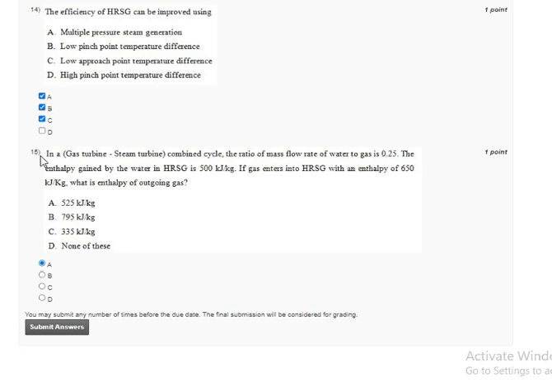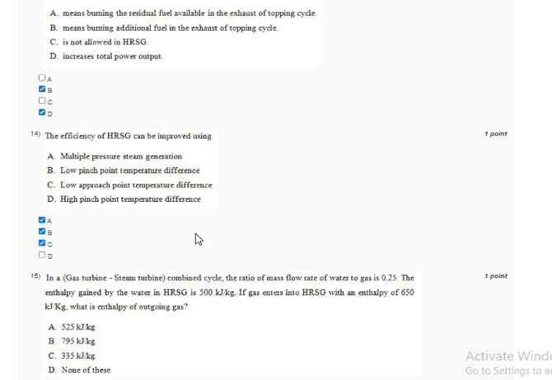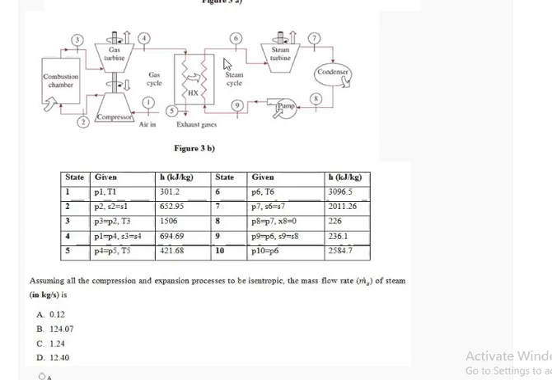Next question. In a combined cycle, the ratio of mass flow rate of water to the gas is 0.25. So mw upon mg is 0.25. The enthalpy gained by the water in HRSG is 500 kJ per kg. If gas enters into HRSG with an enthalpy of 650 kJ per kg, what is the enthalpy of outgoing gas? So friends, again you have to apply the energy balance here in the heat exchanger.